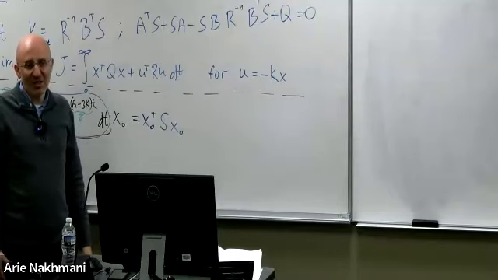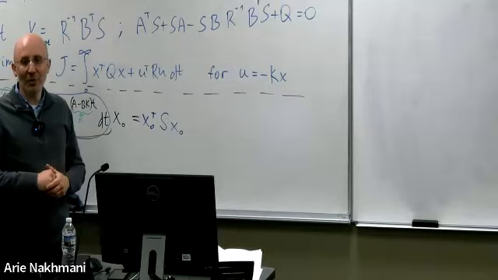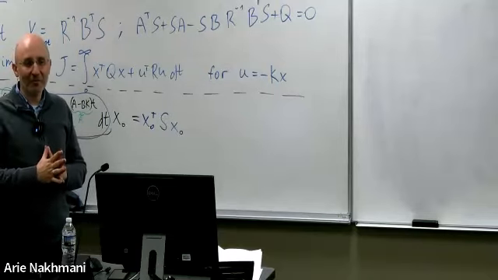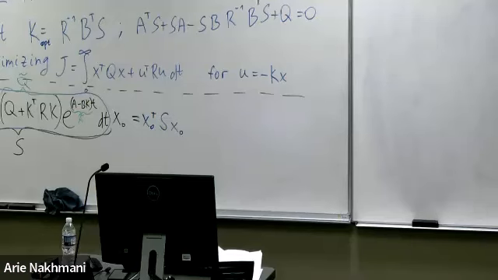But I haven't really used that this is positive definite in anything. Not really, not directly, right? I haven't used that this matrix is positive definite, Q plus K transpose R K. I haven't even shown that this is positive definite. So why would I use it even in the Lyapunov equation? Right? I never showed anything like that.